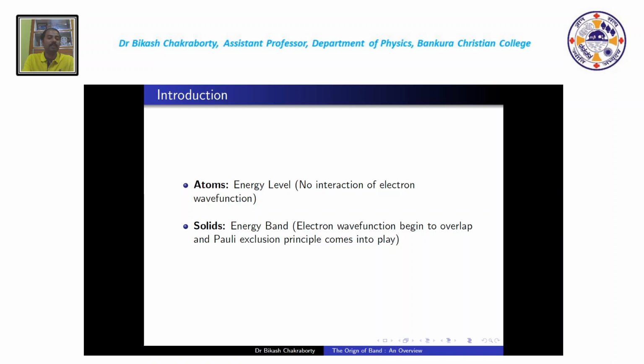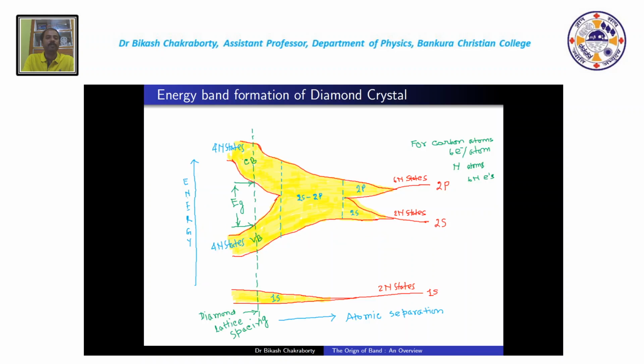Thus, in a solid, many atoms are brought together so that the split energy levels essentially form bands of energies. Therefore, I can say from this discussion that it is a semi-classical model.